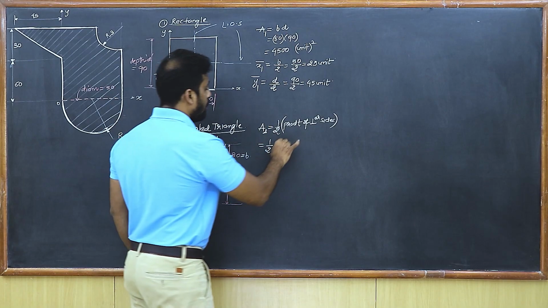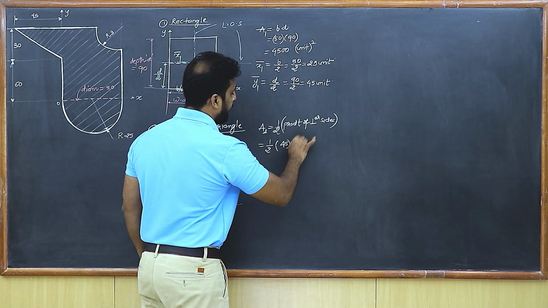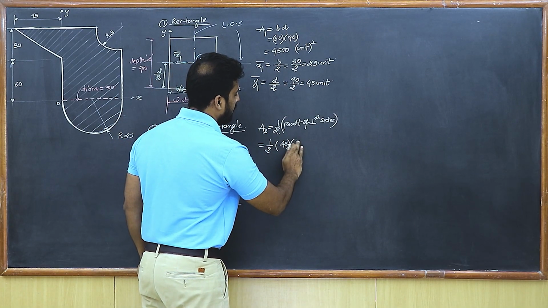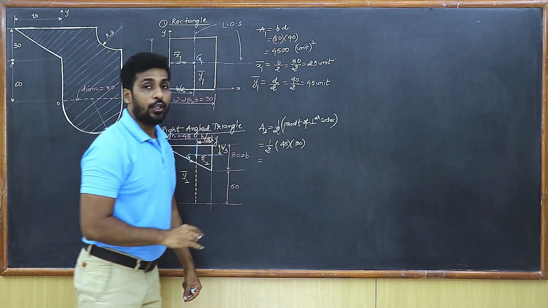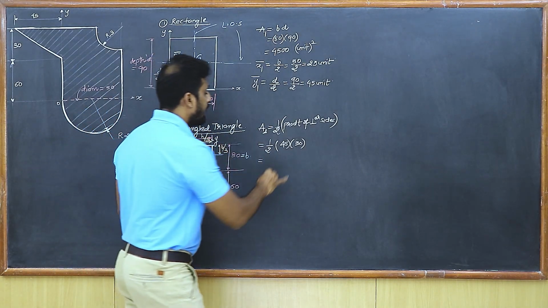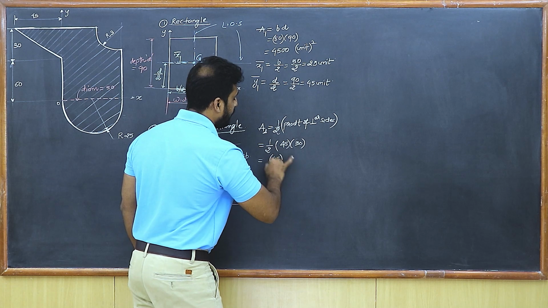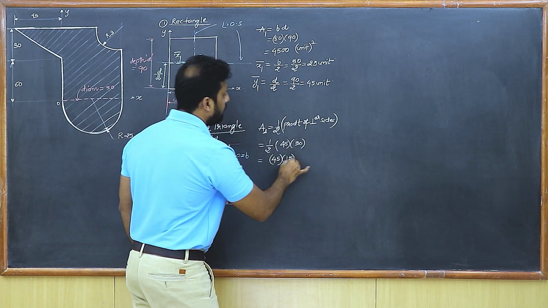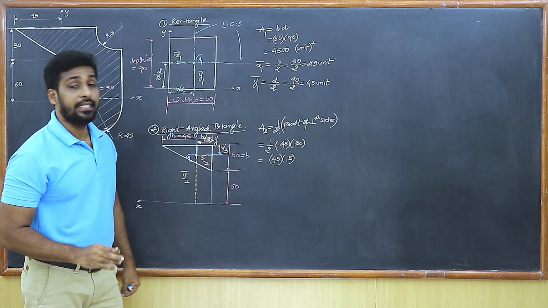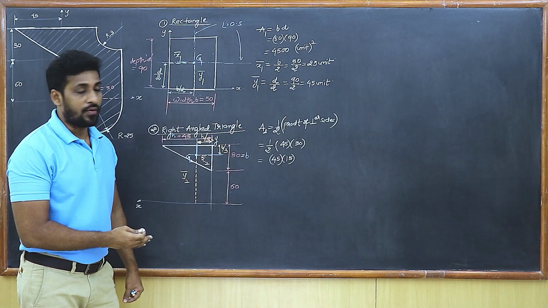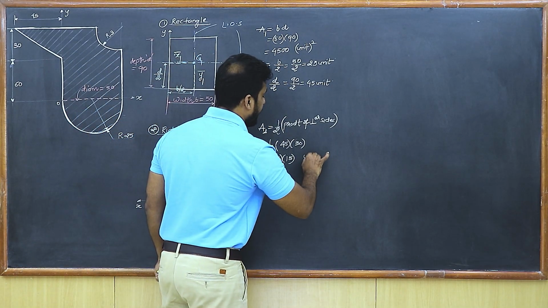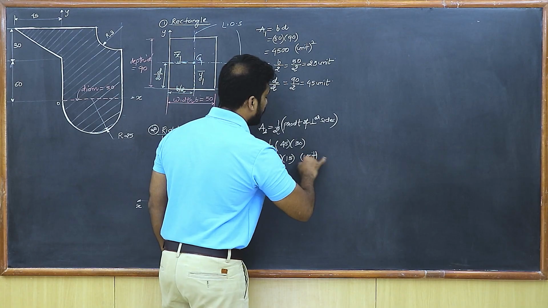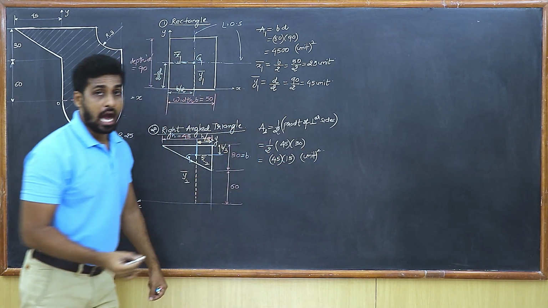So I can write here 1/2 into 45 into, then the next perpendicular side is 30. So you can easily cancel 30 and 2. So that's 15. So you can leave the answer as it is. So that's 45 into 15. Again, students, it is not necessary to simplify this particular value. You can leave the answer here itself. I will write unit square because that's the area, isn't it?